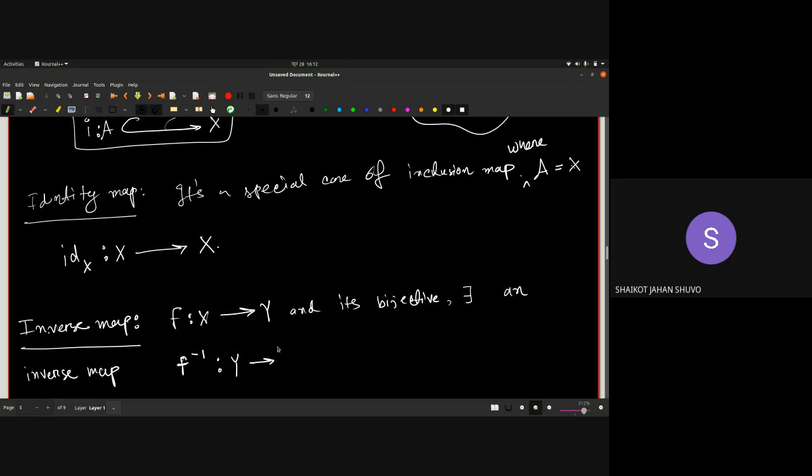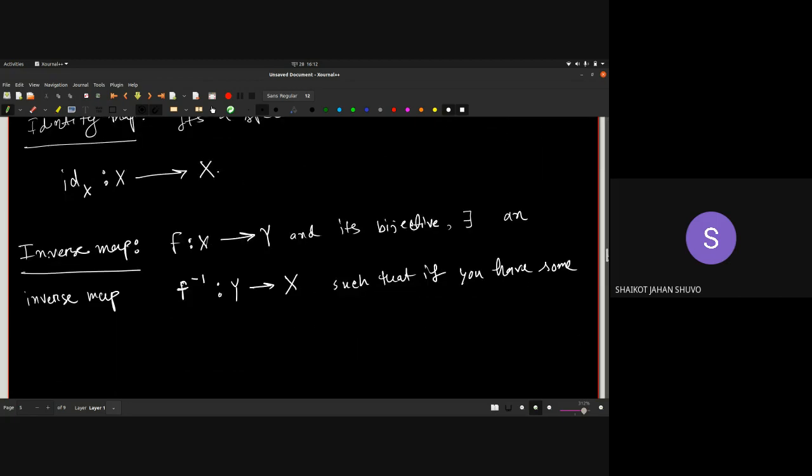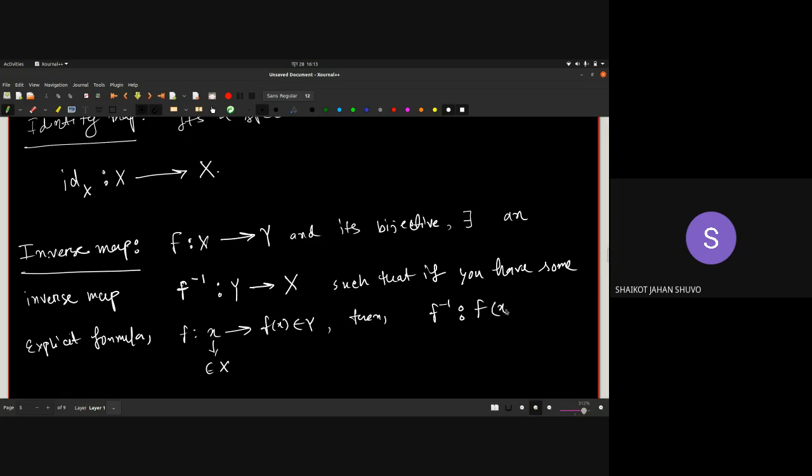And the inverse map is given by some f inverse that takes your elements of Y to elements of X, such that if you have some explicit formula that gives you information about this mapping, let's say f of x, which belongs to Y, and this x belongs to X, then your f inverse will be given by this formula.